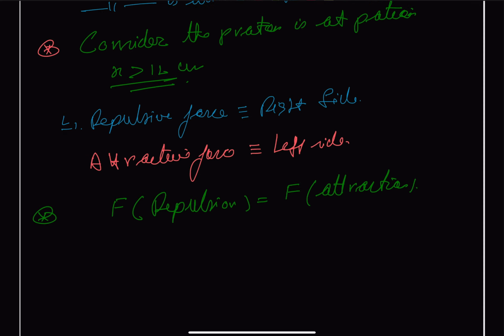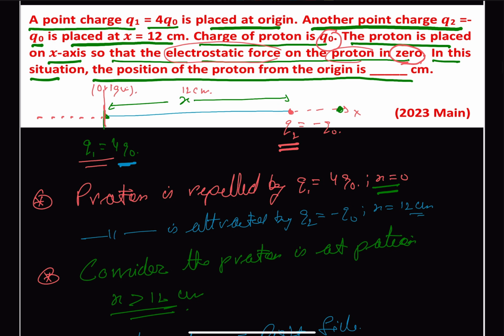So here let us consider that the distance of proton to Q1 is y, and Q2, one second.